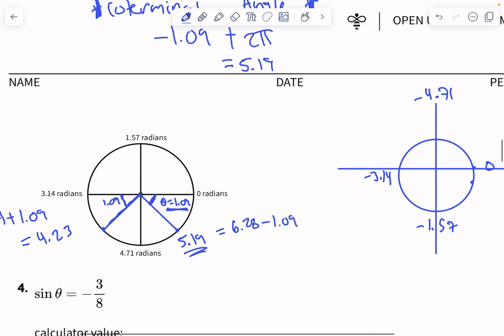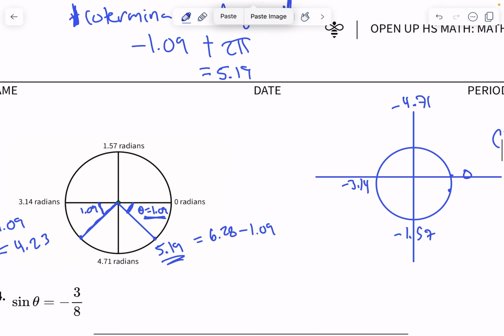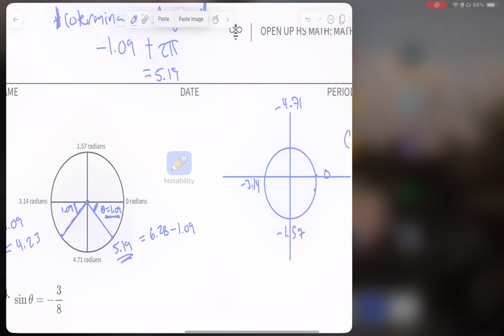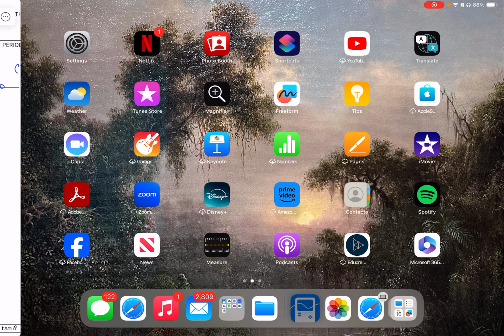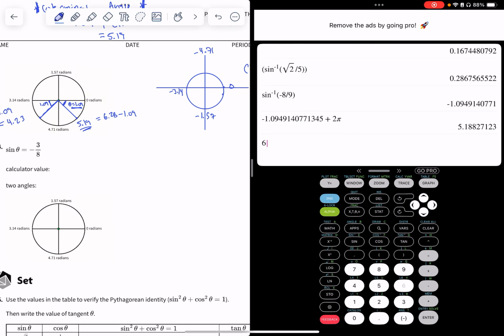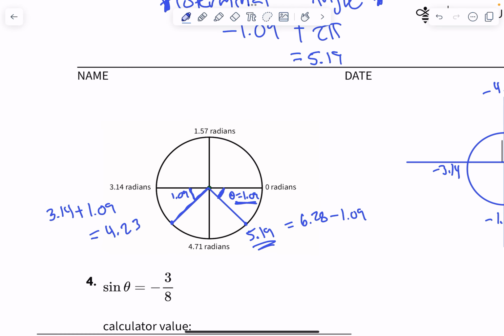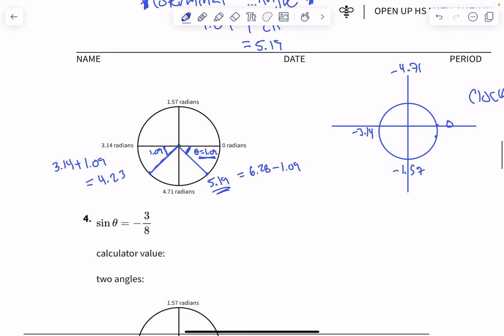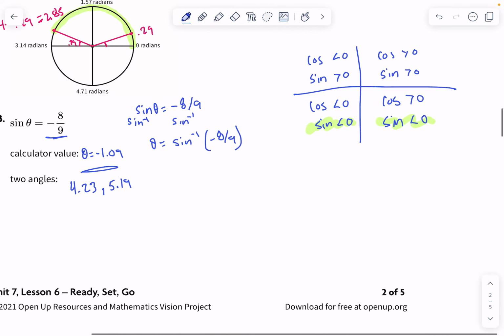So let's do it to double check. 6.28 minus 1.09 is 5.19. Yeah, good. So we got the same answer, right? And that is because sine is negative in two different quadrants, right? Quadrants 3 and 4. This is 1, this is 2, this is 3, this is 4.